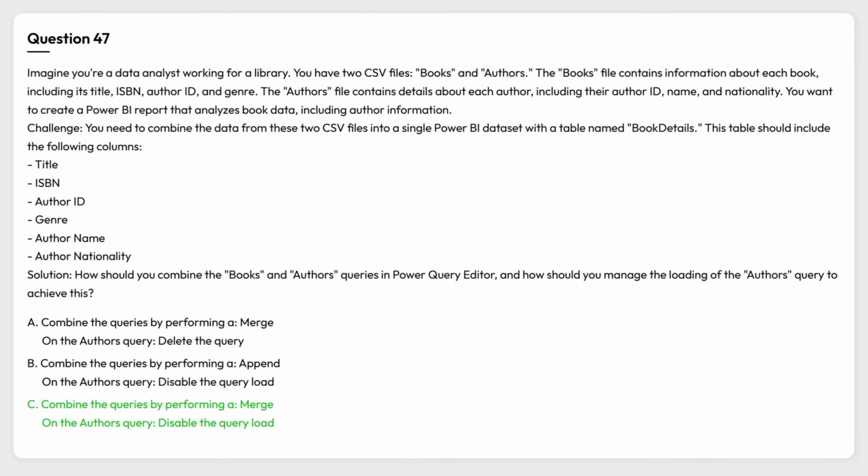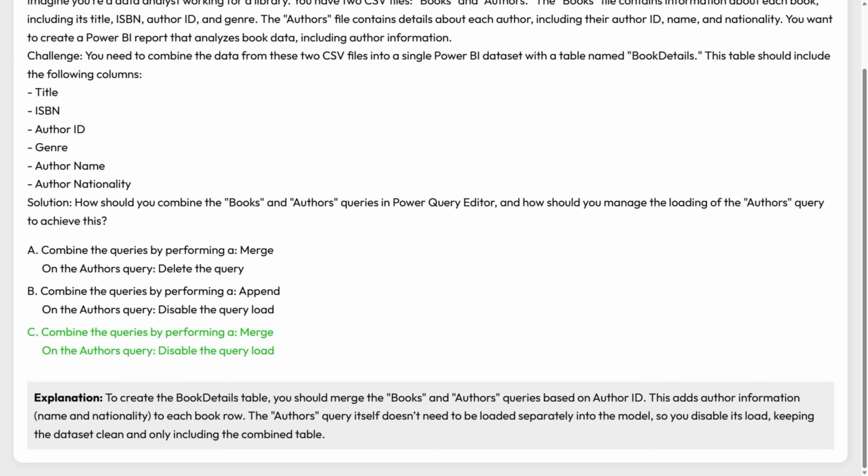The correct answer is option C. Combine the queries by performing a merge. On the authors query, disable the query load. To create the Book Details table, you should merge the books and authors queries based on author ID.